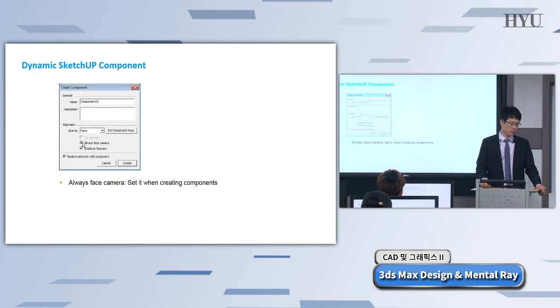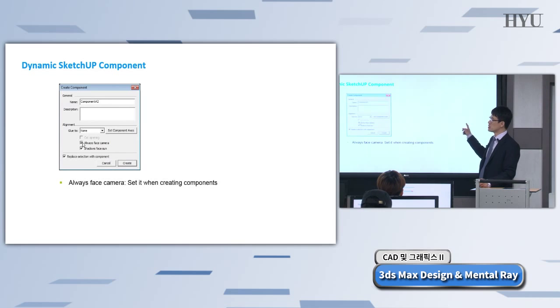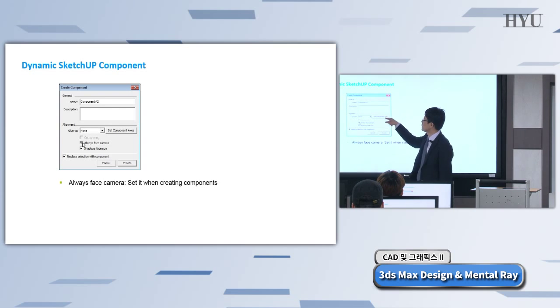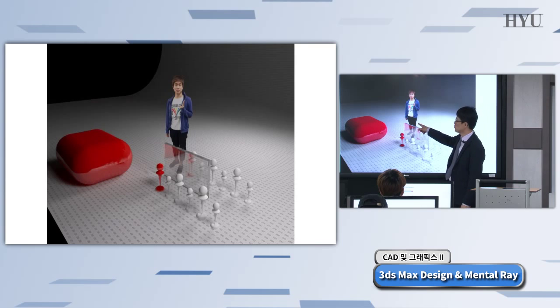Okay. This is actually an extra one, dynamic SketchUp component. When you open SketchUp, there is a woman or a man standing at the middle of your plane. It always looks at you, the camera, simply because that is a kind of dynamic object set to always face the camera. So take a look at this example.